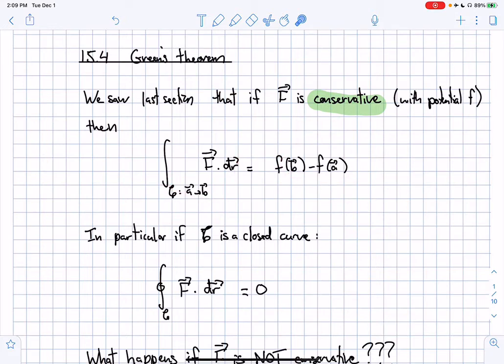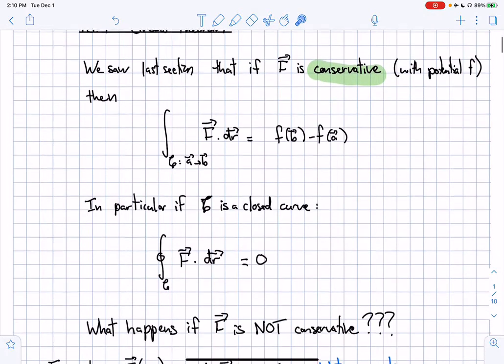And in particular, if C is a closed curve, so the first point and the last point are the same, you get 0. And again, mathematicians like to be fancy and put a little circle to warn you that the curve is closed. All right.